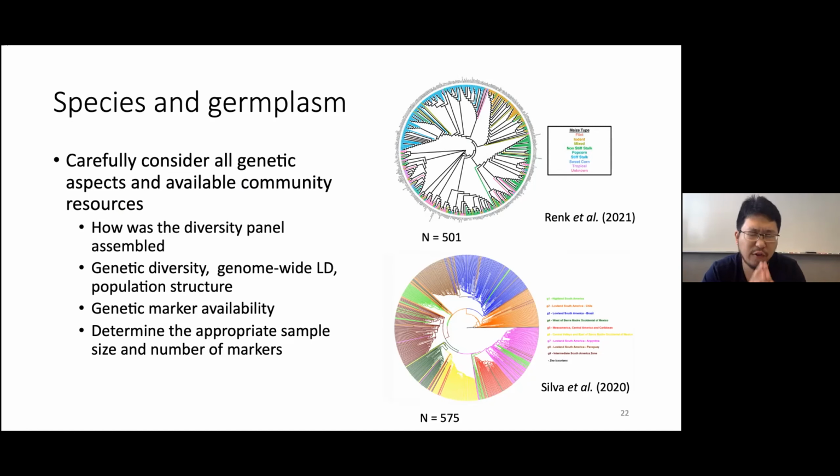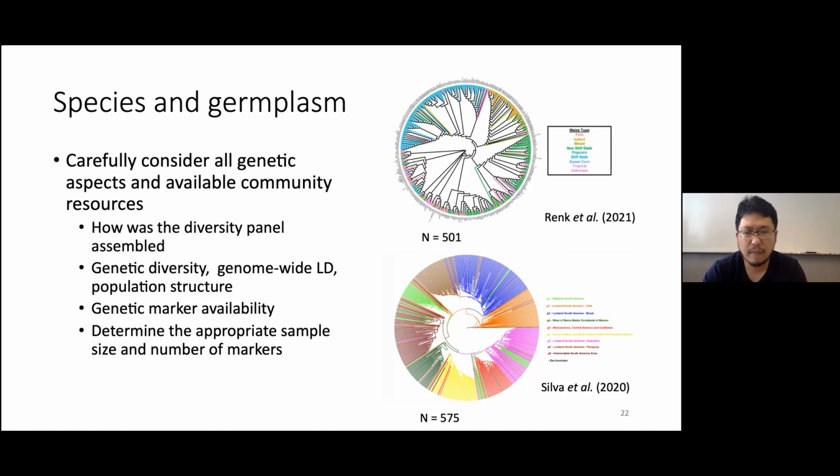What's the genetic diversity of the panel, what does the genome-wide LD look like, and how is the population structure? Are there a lot of genetic markers available for the panel, and do you want to use the whole panel or just a subset of that, and how many markers are you going to use?